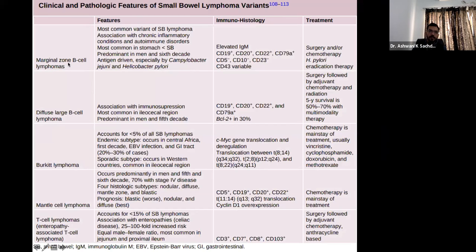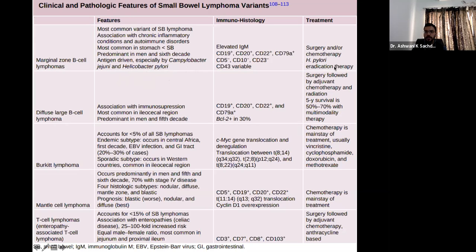Most common is marginal zone B cell lymphoma, also called MALToma. It is the most common variant of small bowel lymphoma, associated with chronic inflammatory bowel and autoimmune diseases of the intestine. It is more common in the stomach than the small bowel, and predominantly occurs in men in the sixth decade, associated with H. pylori and Campylobacter.